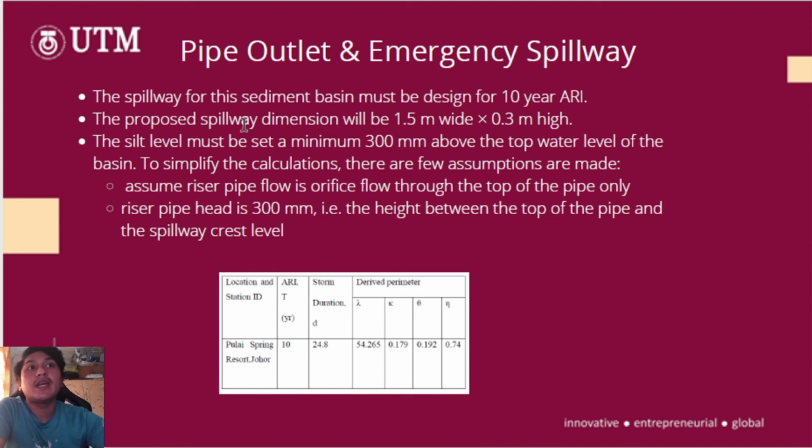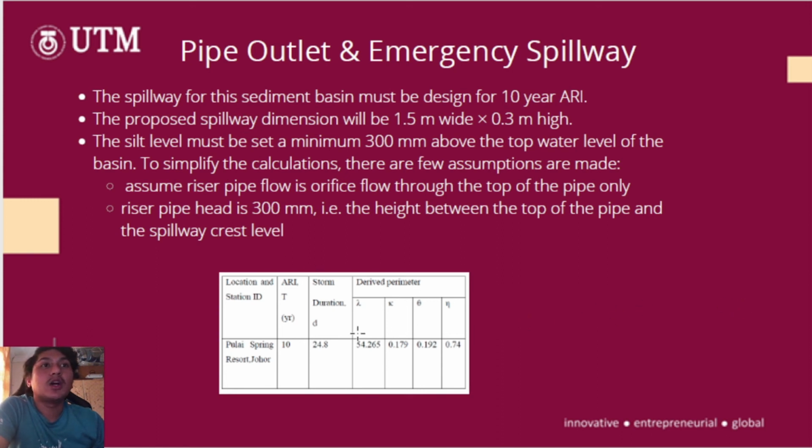To simplify the calculation, a few assumptions are made. First, we assume the riser pipe flow is orifice flow through the top of the pipe only. Second, the riser pipe head is 300 mm, for example, the height between the top of the pipe and the spillway crest level.